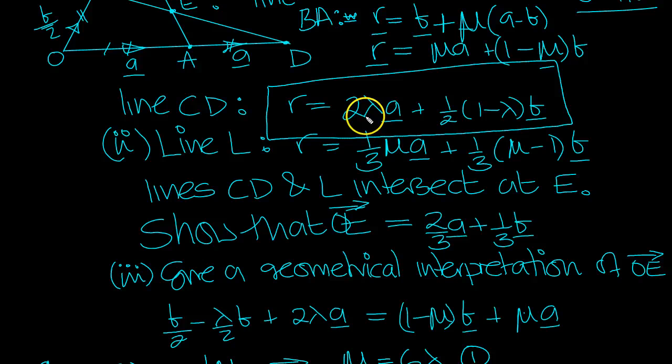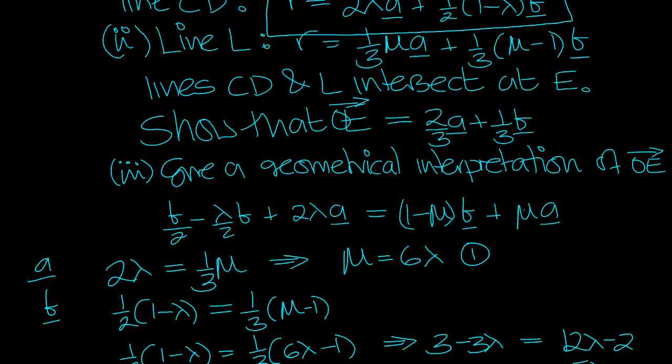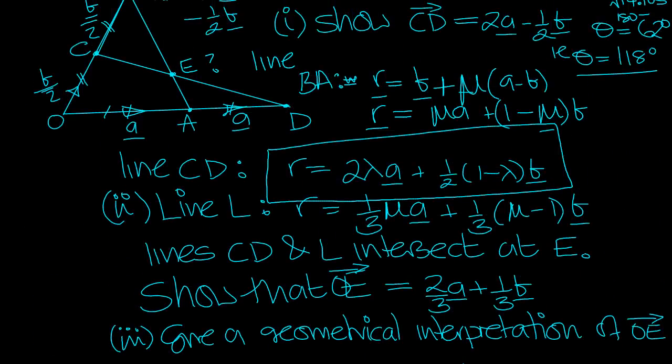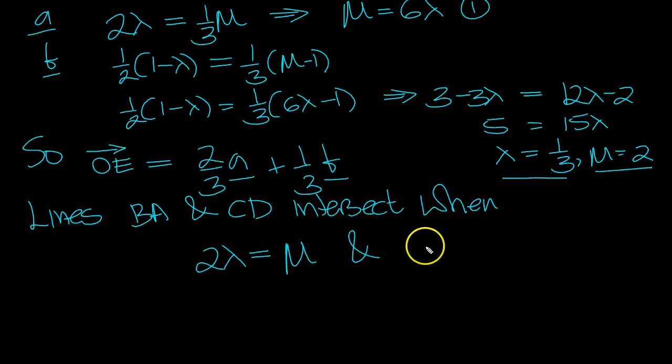Two lambda A is equal to mu A, so 2 lambda equals mu, and 1 minus mu is equal to half 1 minus lambda.